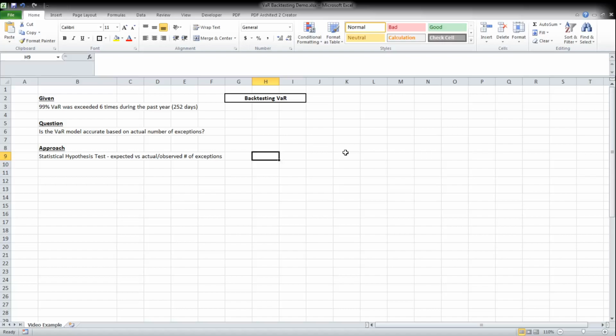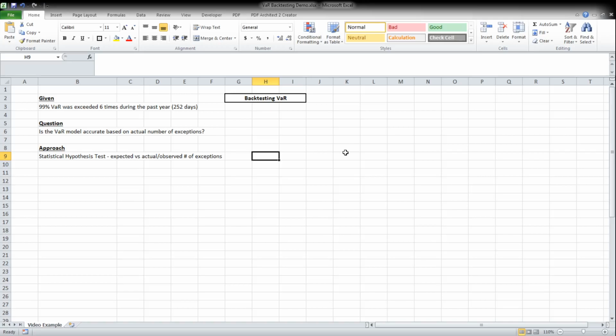Hi everyone. Today's topic is backtesting VaR, or value at risk. As a reminder, VaR is the maximum loss, the greatest loss that you're expecting for the next trading day at a given confidence level.